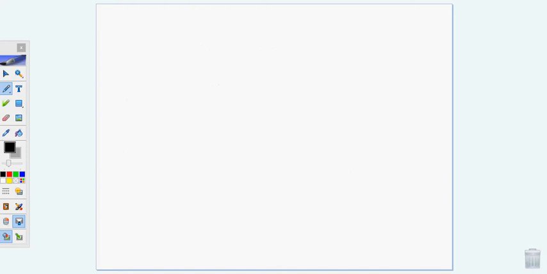I want you to be able to recognize some of these. I want you to be able to see the sum of two cubes. The sum of cubes looks exactly like it sounds: a cubed plus b cubed.